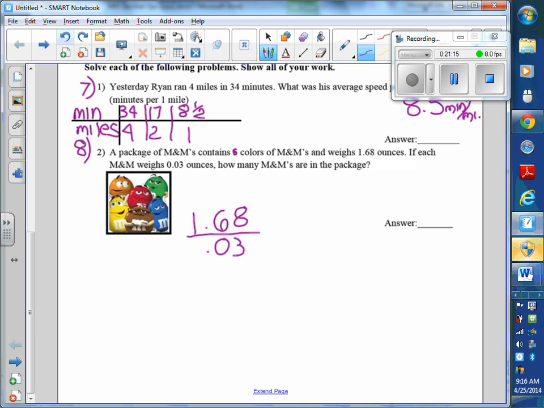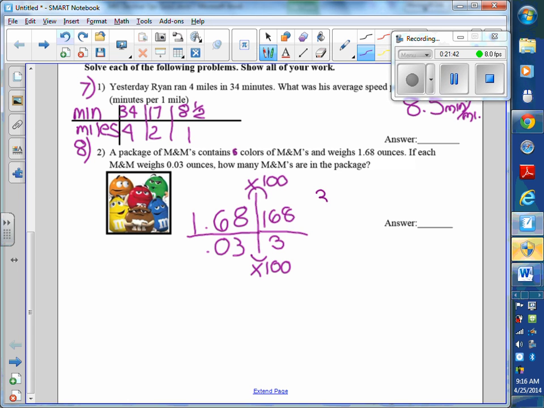And that's correct. So then you could move your decimal by multiplying by 100, right? And when you do that, you get 168 divided by 3, right? So then I bet you did long division from there. So that's a good idea.